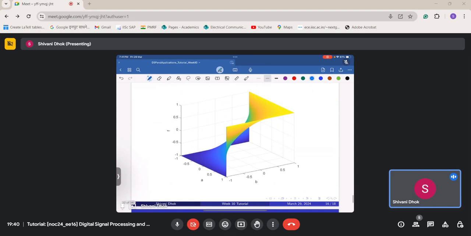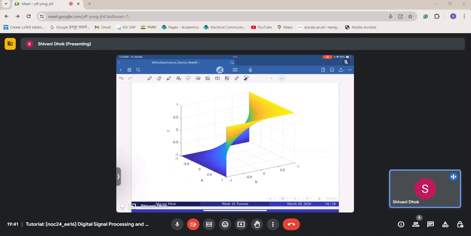So I had also plotted this particular thing for you. This a will take a value from -1 to 1, and my b will also take a value from -1 to 1. Then I plotted this f function for these values of a and b.